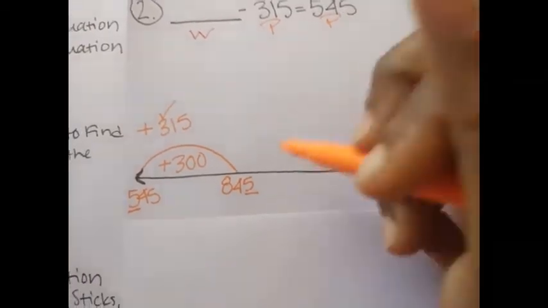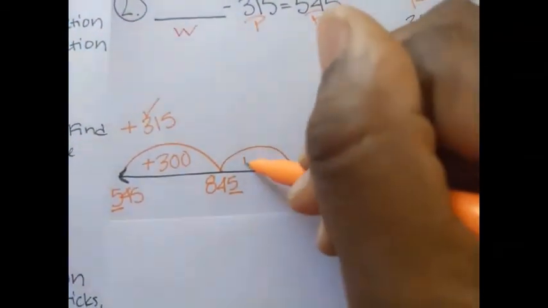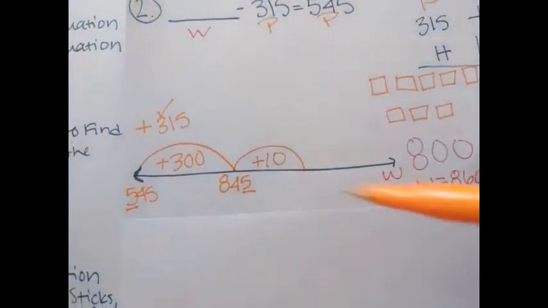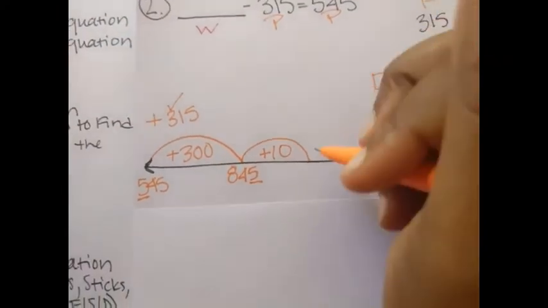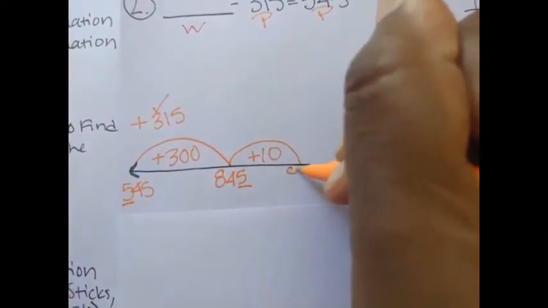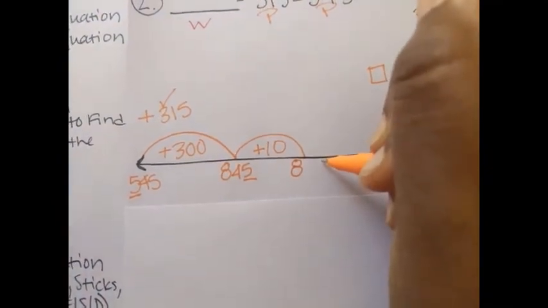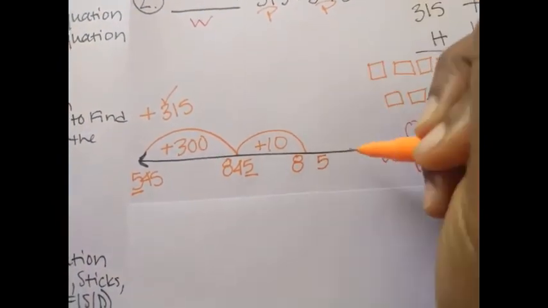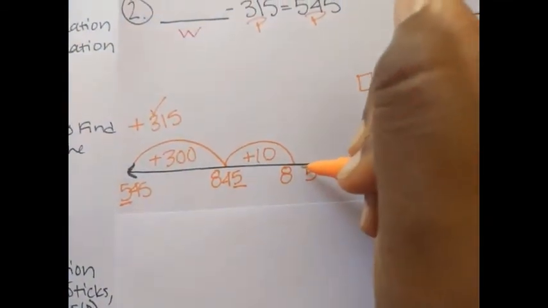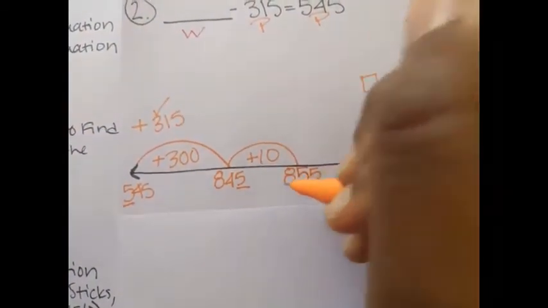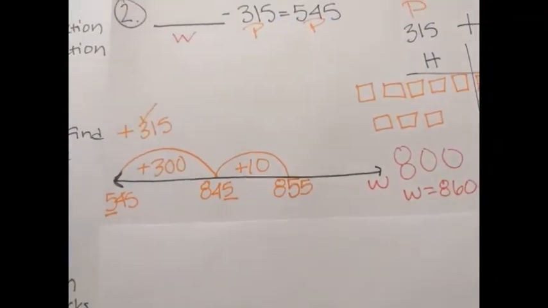Because when we add one of the tens to 845, the hundreds place value won't change and the ones place value will stay the same. So the only place value to change will be the tens and it'll go up 10 to 855.